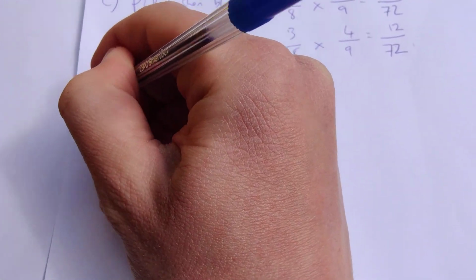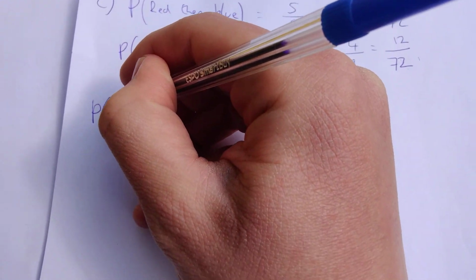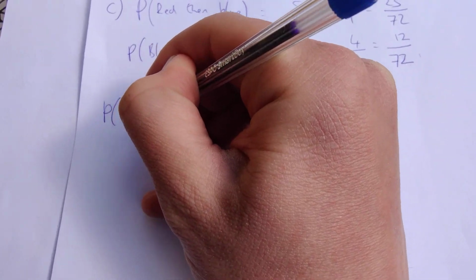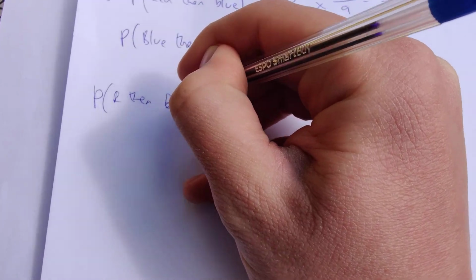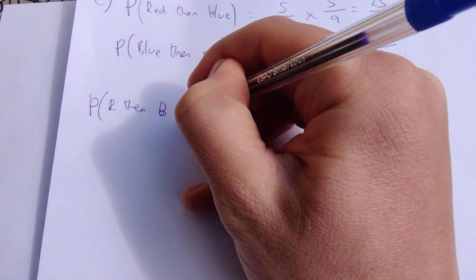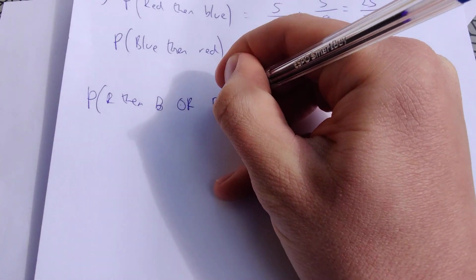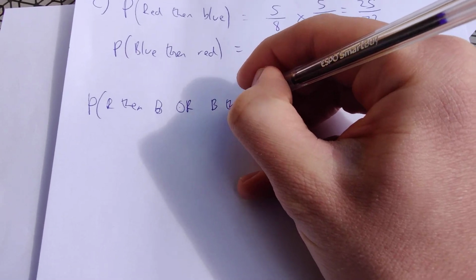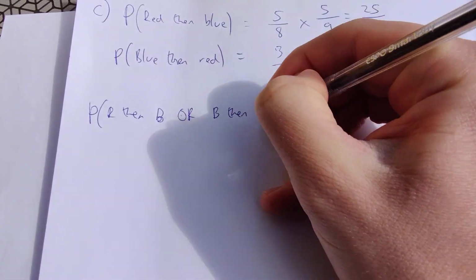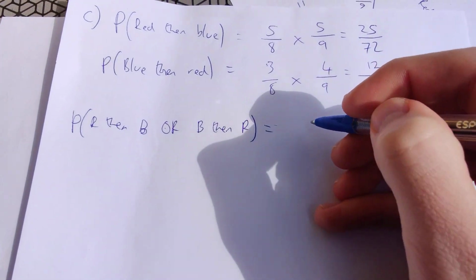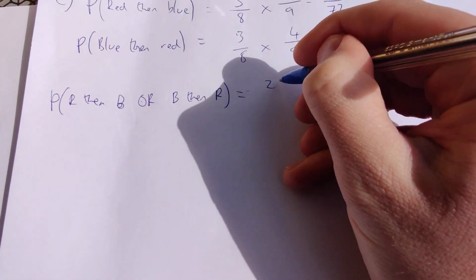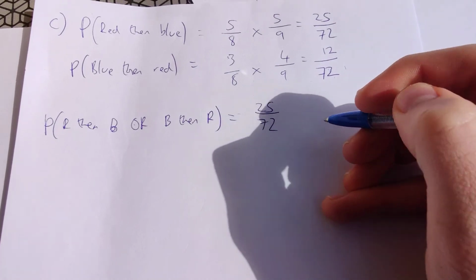So the probability of red then blue, make that capital, or blue then red, which is the same thing as saying the probability of getting one of each colour, is, well, red then blue we know is 25/72.